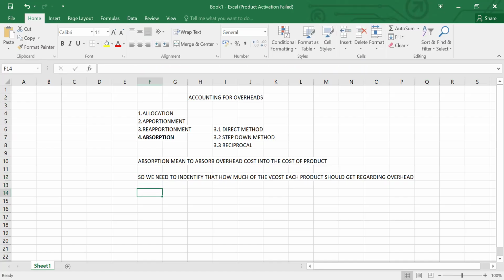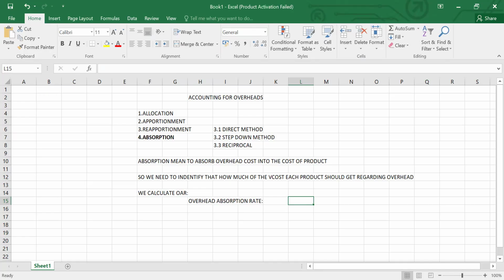So what we do is calculate OAR. What is OAR? OAR means overhead absorption rate. Overhead absorption rate simply means the amount that is going to be added to the cost of a product.